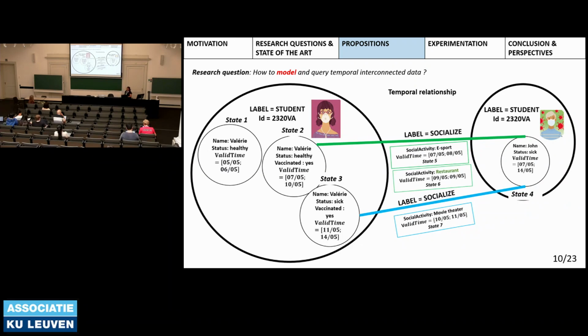So for instance, on this figure, the green part represents the evolution of the relationship between 2 entities in terms of attribute value by the addition of a second state. And the blue part represents the evolution of topology by the addition of a new relationship between the 2 entities. So to sum up, our model meets the needs for modeling the 3 types of evolution we mentioned before, and it avoids data replication because we capture changes at the level of each entity and each relationship.